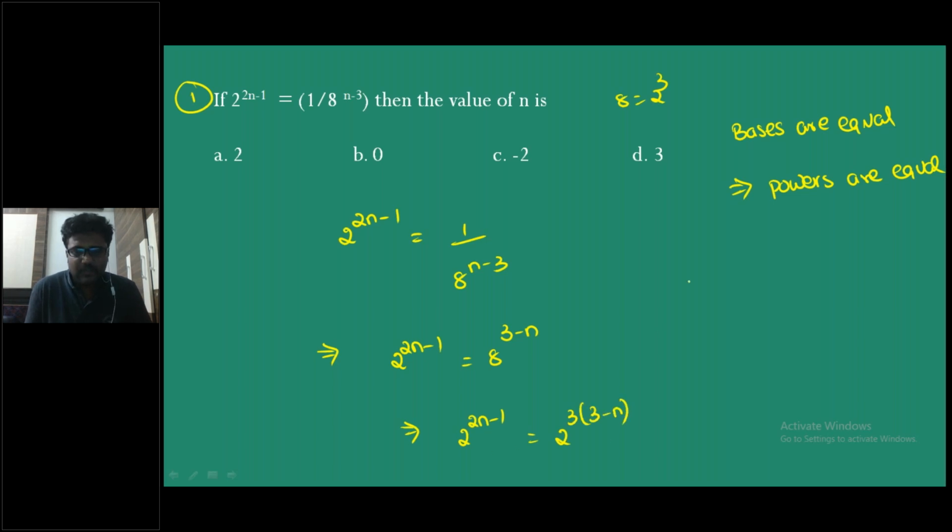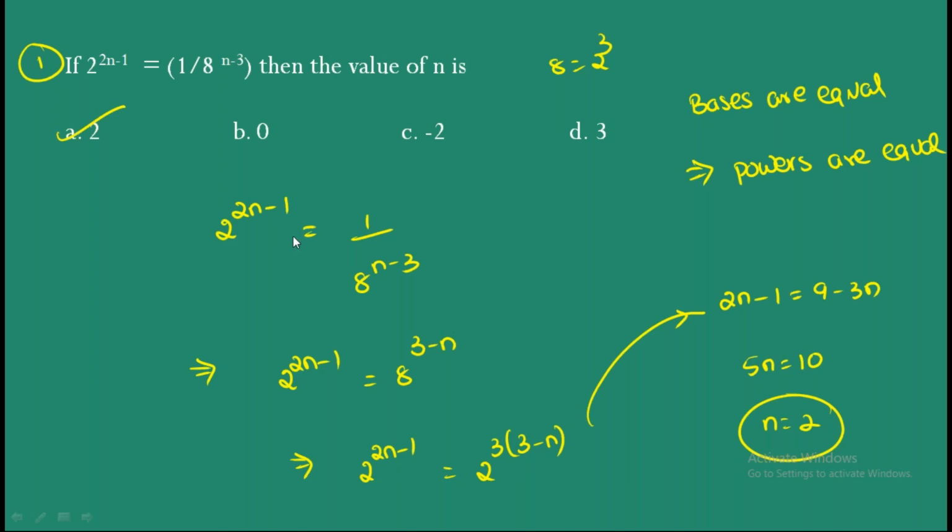As bases are equal, powers are equal. As per that, 2n minus 1 is equal to 9 minus 3n. So 5n is 10, n value is 2. We have to find the value of n, my dear friends, and n value is nothing but 2. Bases are equal, powers are equal. Using that point, we can say definitely n value is 2.